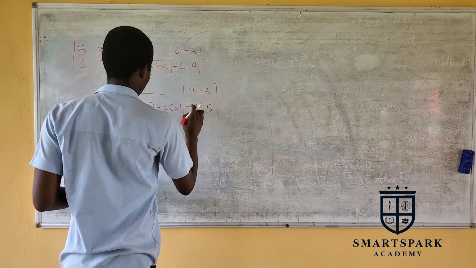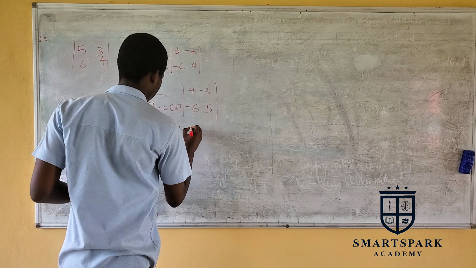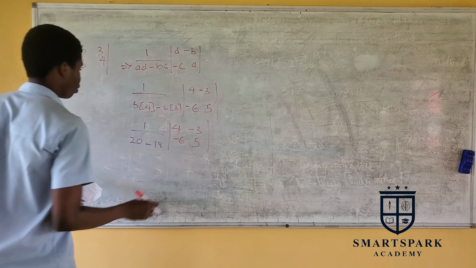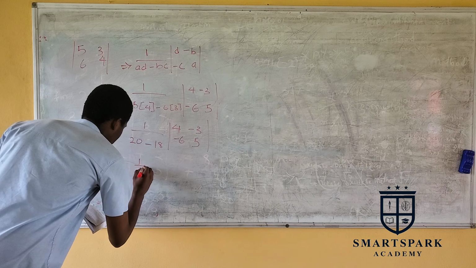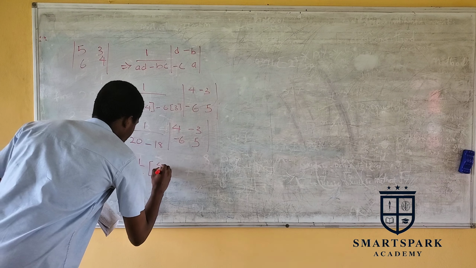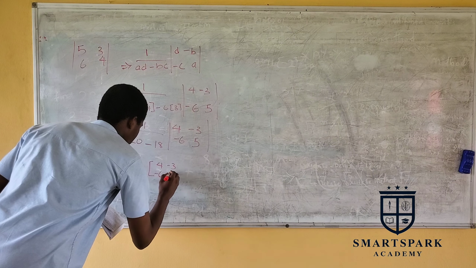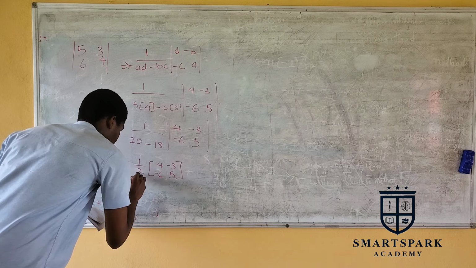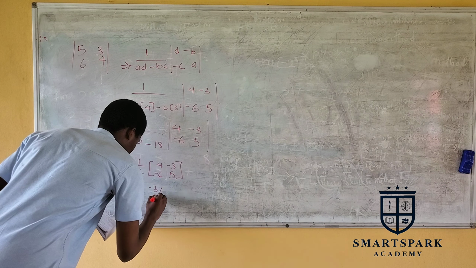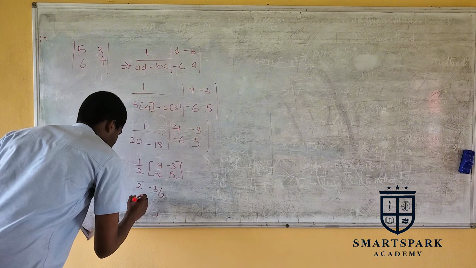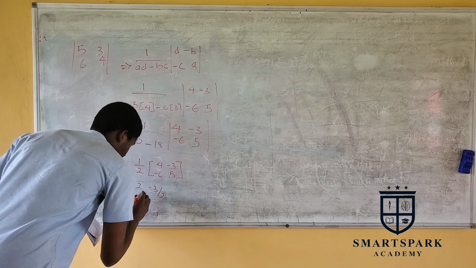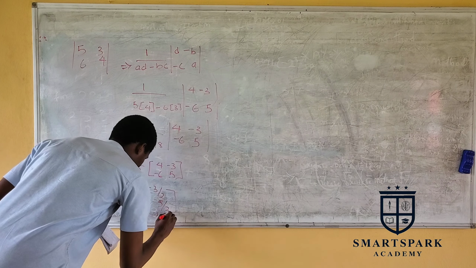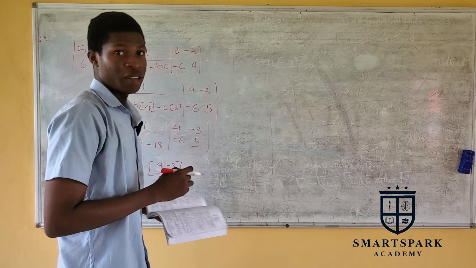We are going to multiply it by, when we are done simplifying, this matrix: 4, minus 3, minus 6, and 5. So 20 minus 18 is 2. So this is 1 over 2. We are going to multiply it through by the matrix: 4, minus 3, minus 6, and 5. So 1 over 2 times 4 is 2. 1 over 2 times minus 3 is minus 3 over 2. 1 over 2 times minus 6 is minus 3. Then 1 over 2 times 5 is 5 over 2. So this is the inverse of the matrix.